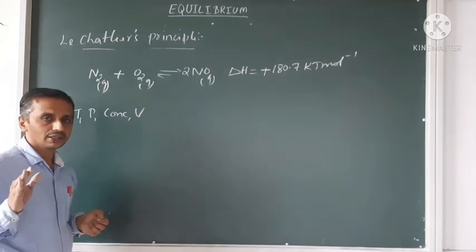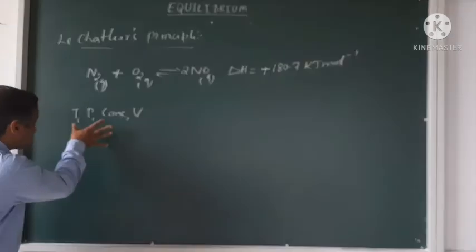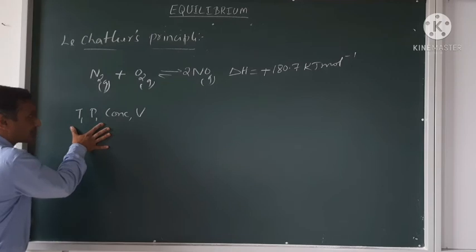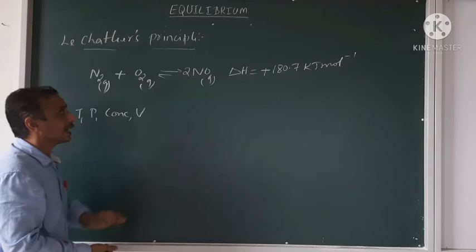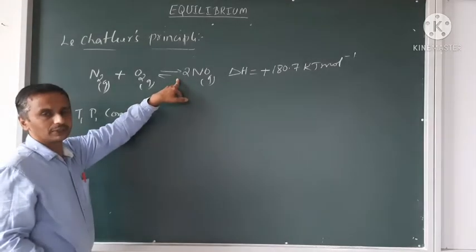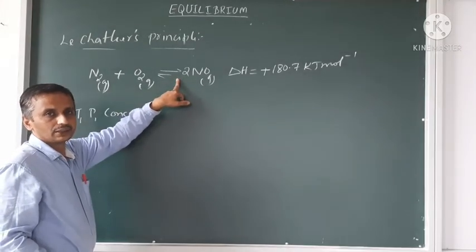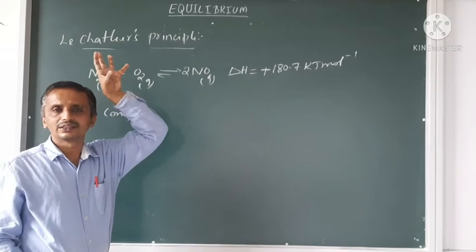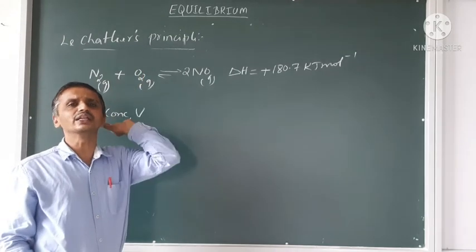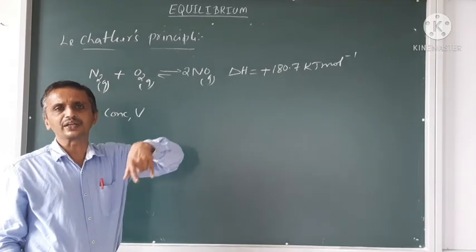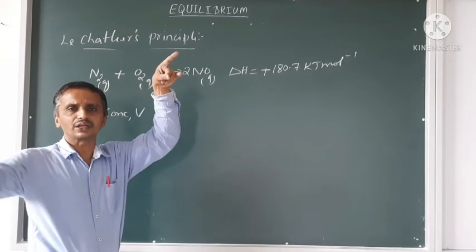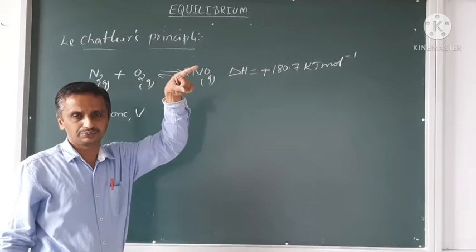Again I repeat: if a constraint is applied to a system at equilibrium, the system tries to nullify that constraint. If the temperature is increased, the reaction tries to decrease it.